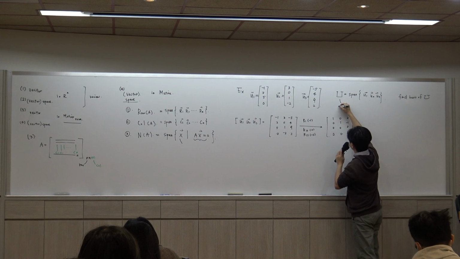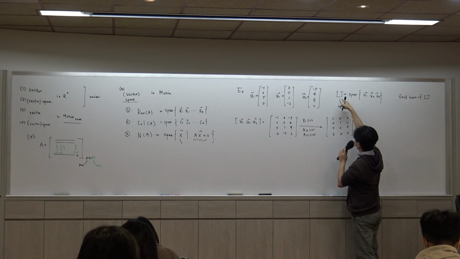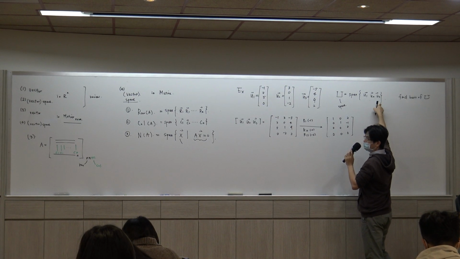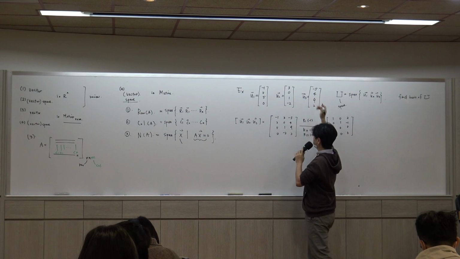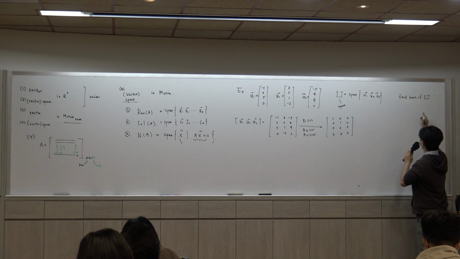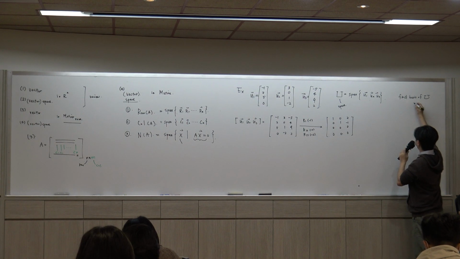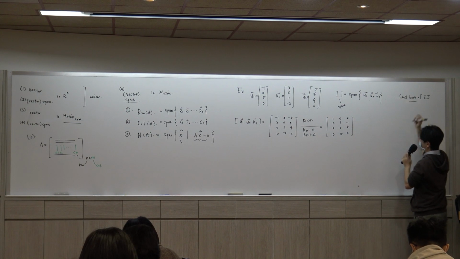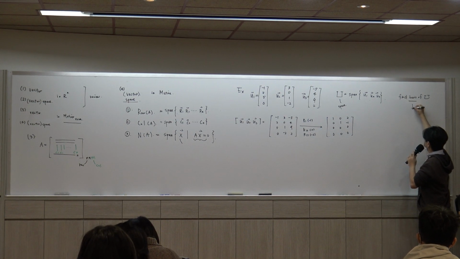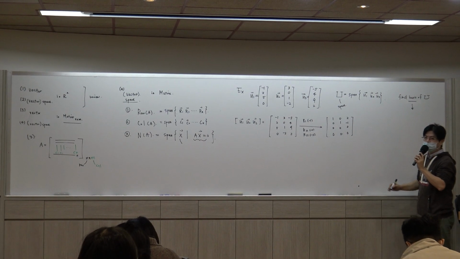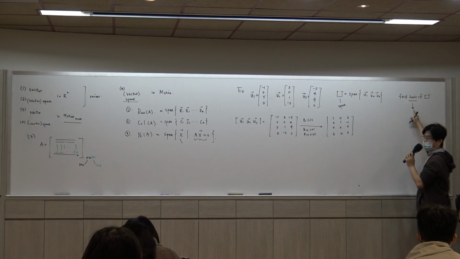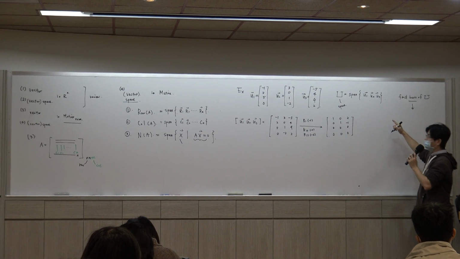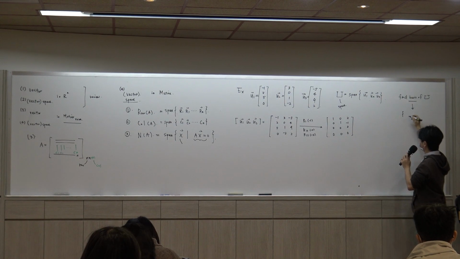If a space U, big U, is expanded based on the three column vectors, then how to derive the basis of the space U? What does the basis mean? It means the linearly independent vectors. So we want to find the generating set.